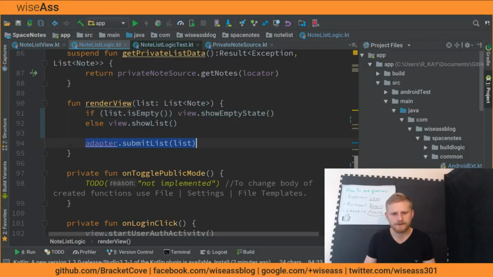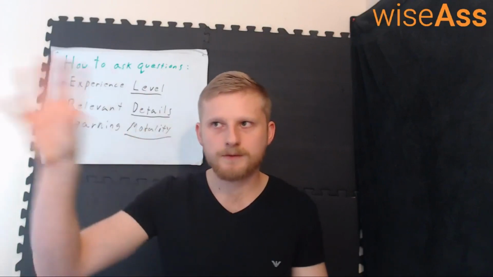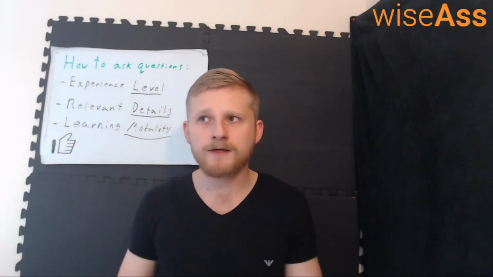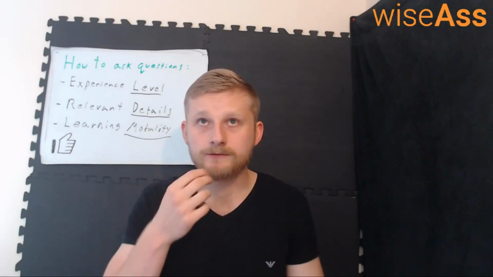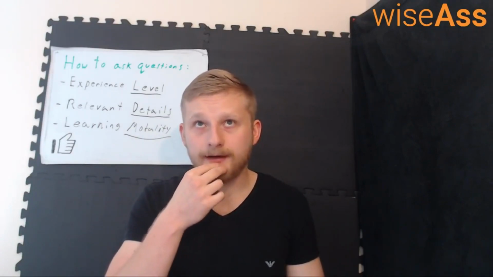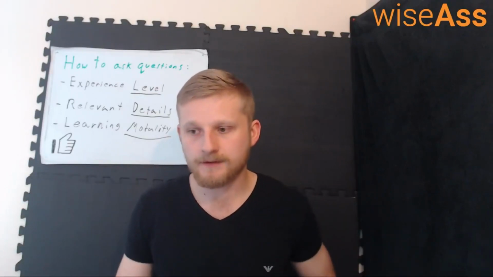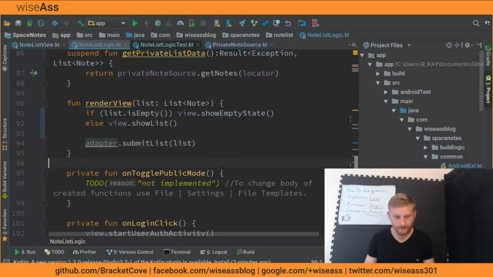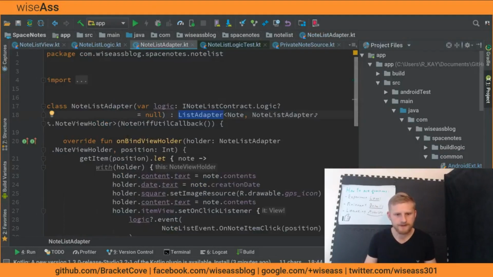I still submit the list to the adapter because the user is going to be able to switch between private and public mode in the list activity. I'm not sure if this is what I want to do yet, but I think I'm going to want to reuse the same instance of the adapter, and I do have it configured with a DiffUtil.